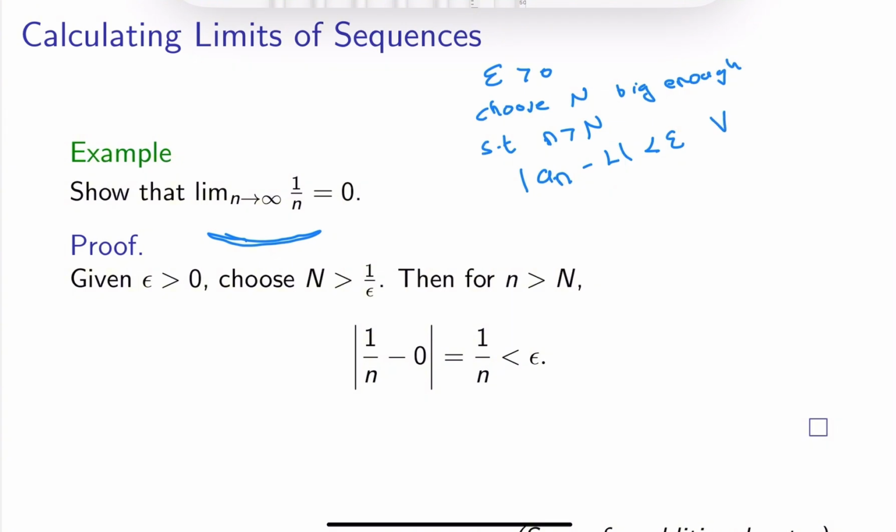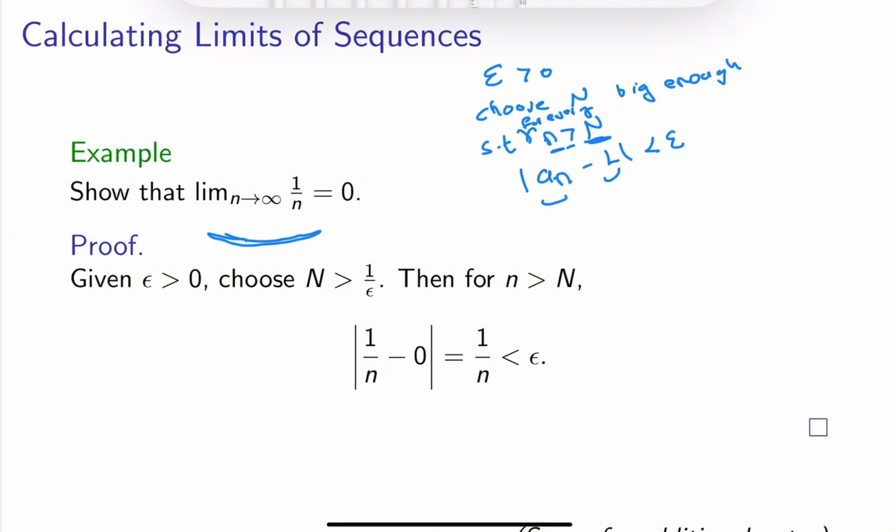You need this to happen for every index that is bigger than n. So eventually, as n increases, you're asking the sequence to go to L, or to be arbitrarily close to L.